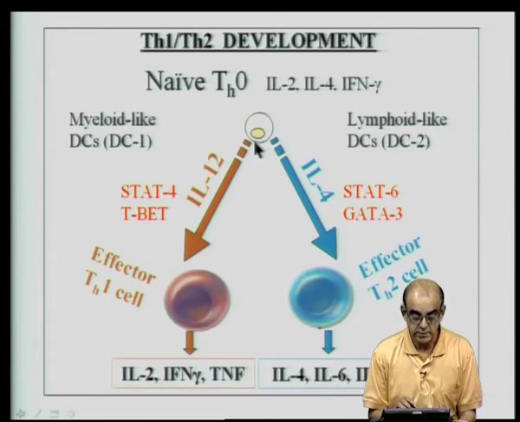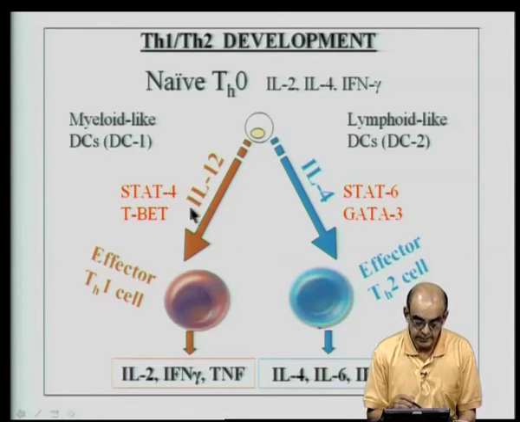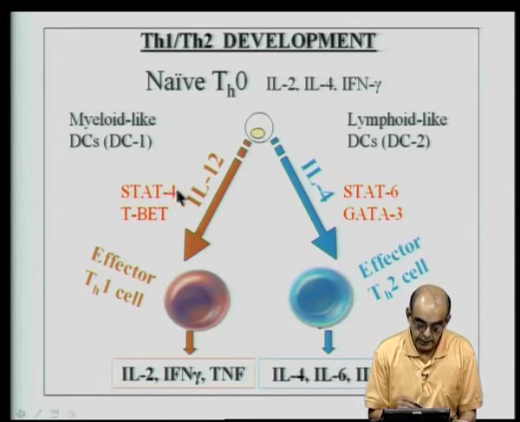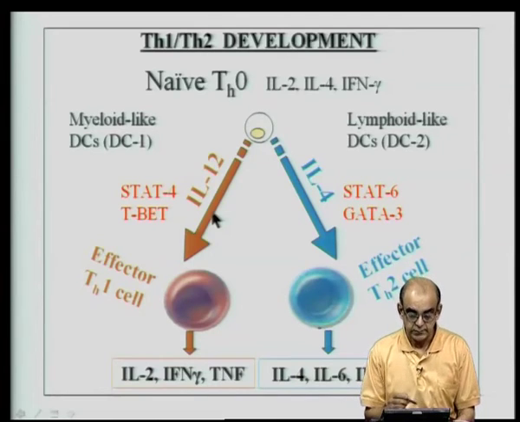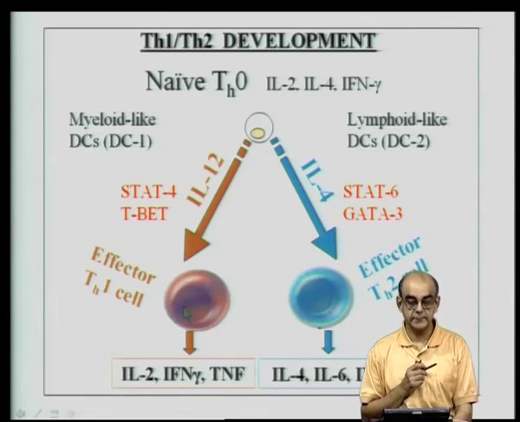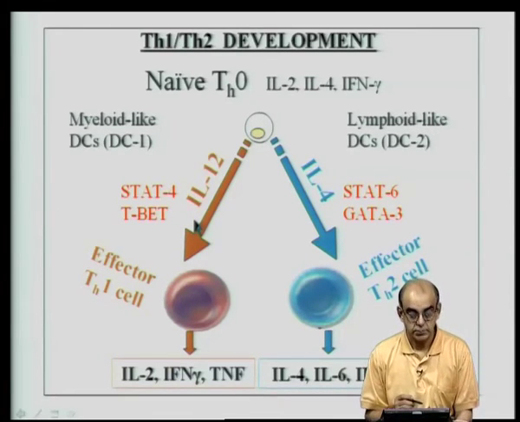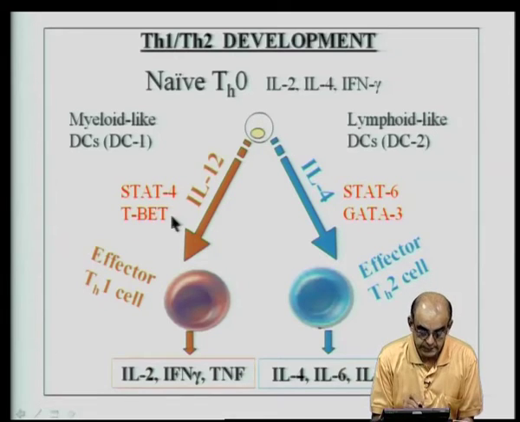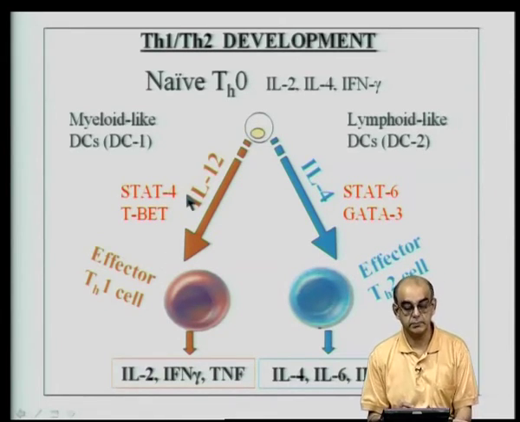So, you have these Th0 cells which develop to become the effector Th1 cells in the presence of IL-12. The more IL-12 in the medium, the more differentiation of the effector Th1 cell. For this IL-12 to act, you need the transcription factor T-bet and the participation of the STAT4 molecule.